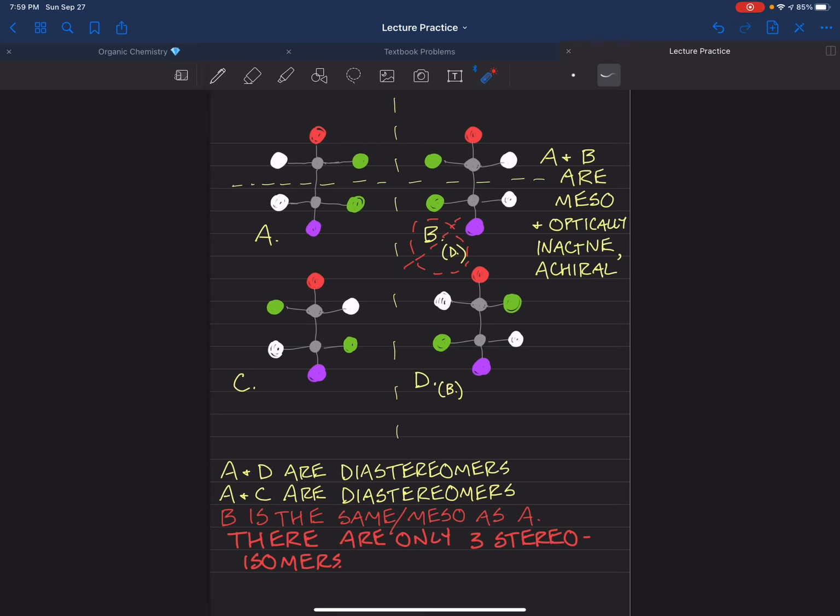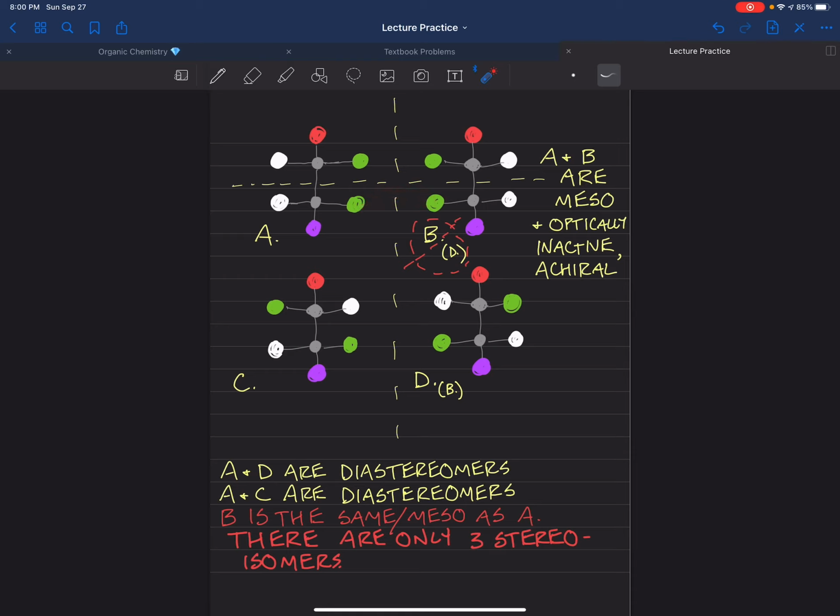Well, actually, not necessarily in this case, I think what I was supposed to do is technically make this red also. But I think this still stands because you could cut it down the middle this way also. And they're essentially the same thing, which means that these are what's called meso.